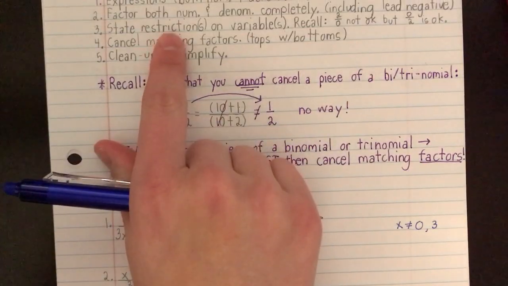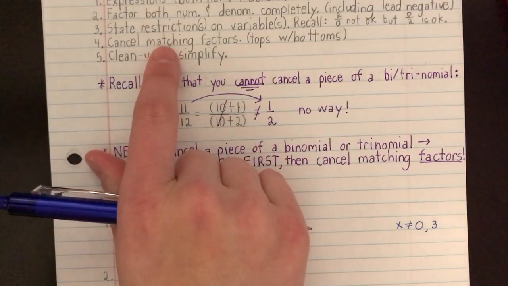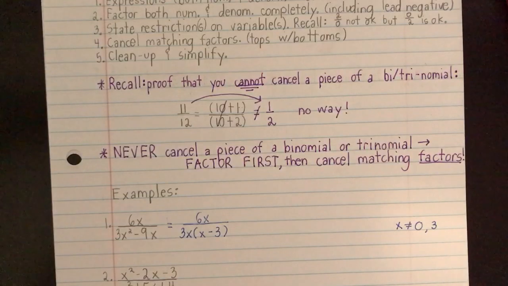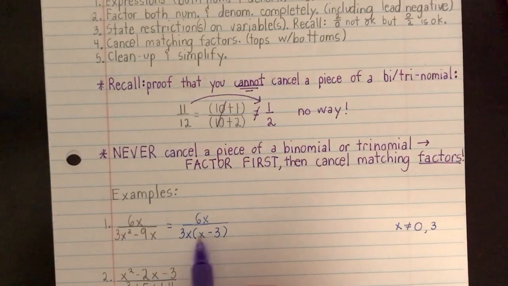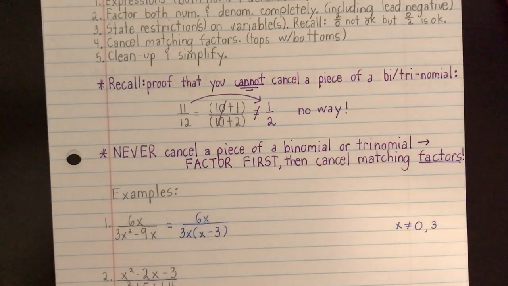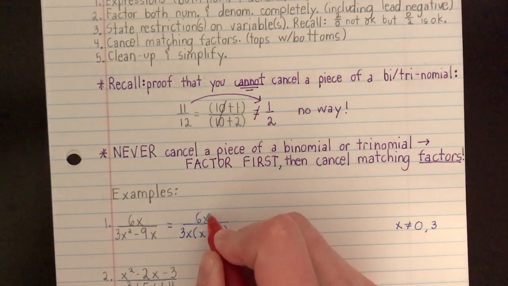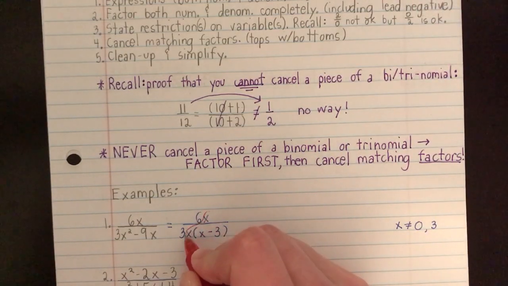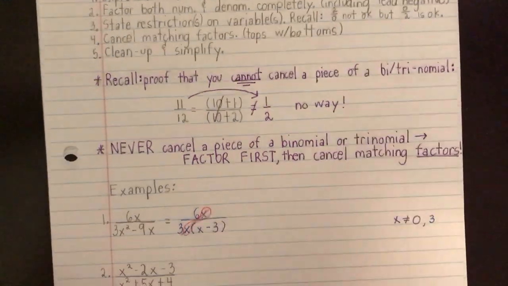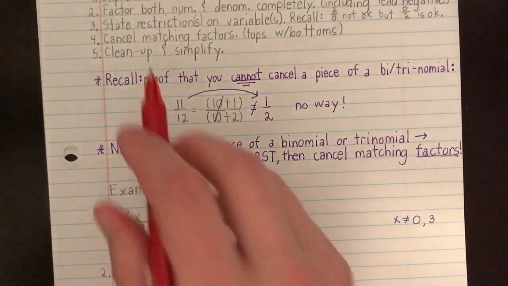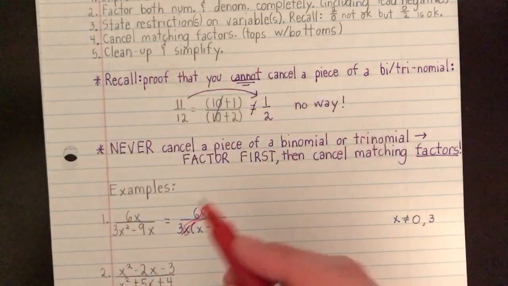Okay, once I've stated my restrictions, then I can cancel matching factors. I don't have an x minus 3 on top to cancel with the one on bottom. That doesn't cancel, but what I do have is an x that can cancel with this x. So those cancel out. All right, and then it says clean up and simplify.